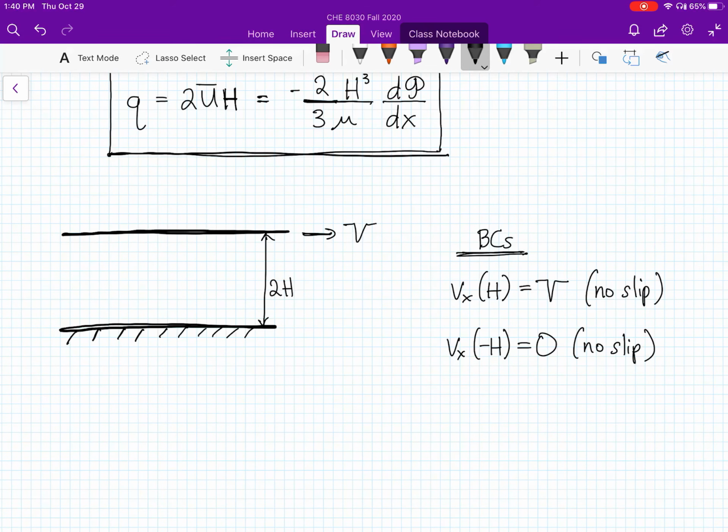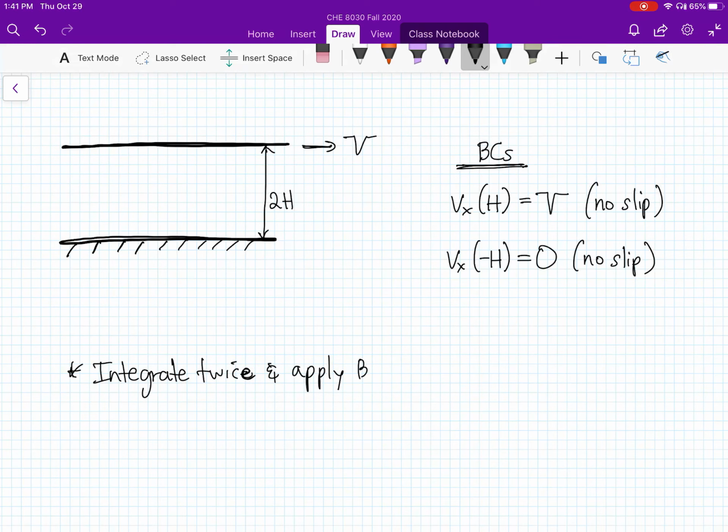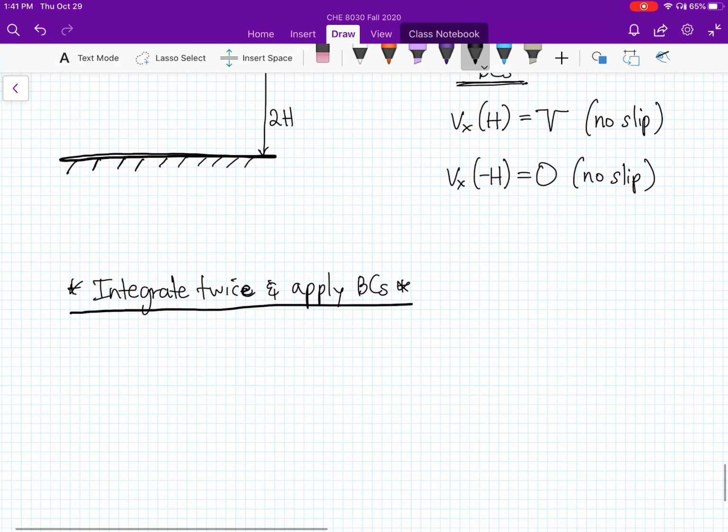Okay, we can do the exact same thing we did before. We're going to integrate twice, use those boundary conditions to solve for our velocity profile. So integrate twice, apply boundary conditions, which allows us to solve for the constants in our velocity profile. When we do that, we end up with the following equation.